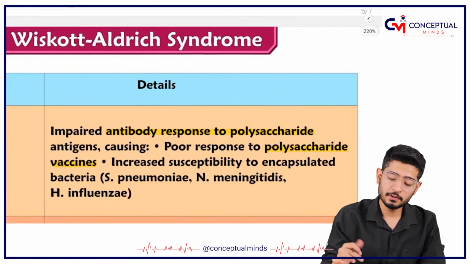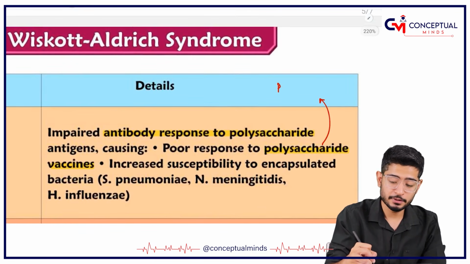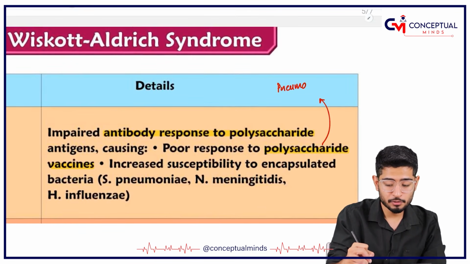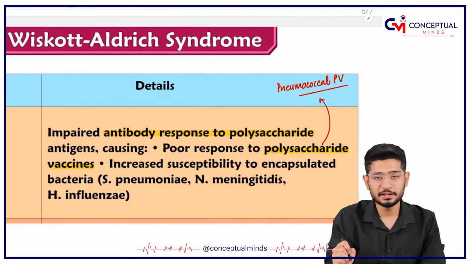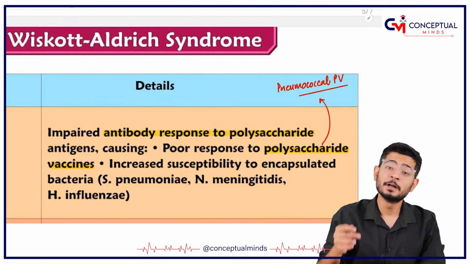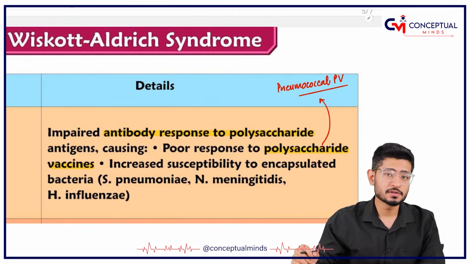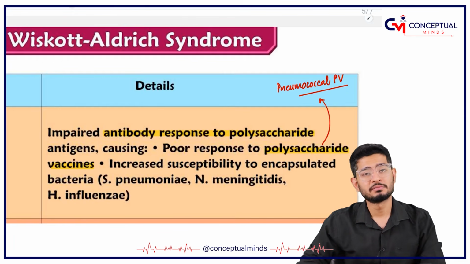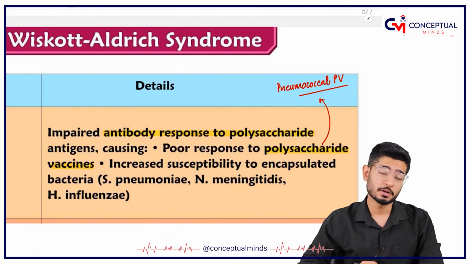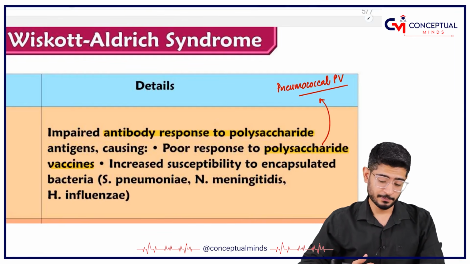So you give some polysaccharide vaccines, like for example the pneumococcal polysaccharide vaccine, PPV, and the child is not going to generate the antibodies. Once the actual infection of pneumococcus comes to attack the body, no immunity is found, and that's why the infections are going to be very severe.